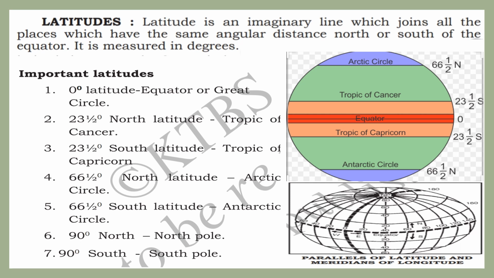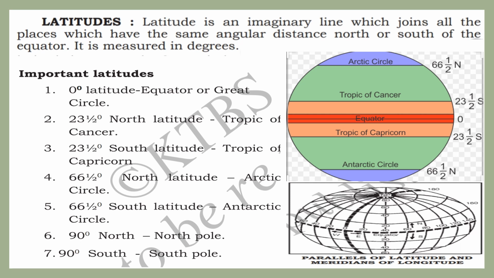The length of lines of latitudes decreases with the distance from the equator, and all the lines of latitudes are circles parallel to the equator, and therefore lines of latitudes are called parallels of latitudes. There are 90 degrees of latitudes on each side of the equator, that is 90 degrees north and south are points.